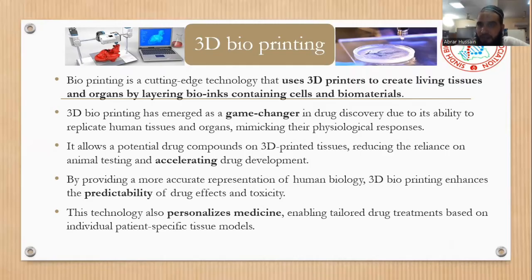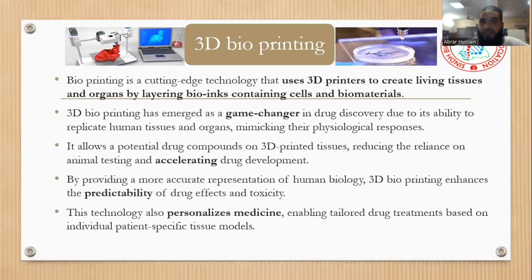They create these substances by using some bioinks and some biomaterial. So in simple terms, 3D bioprinting is a technology in which 3D printers are used to create a biological system, a biological organ or tissues by the use of some biological inks and some biomaterial. So this is called 3D bioprinting technology.